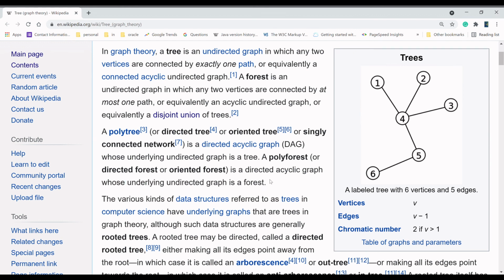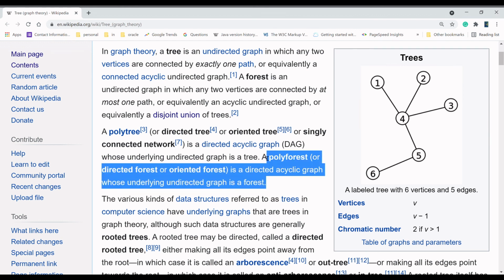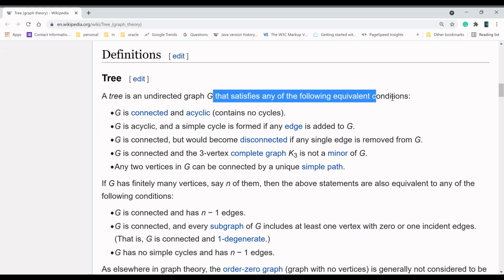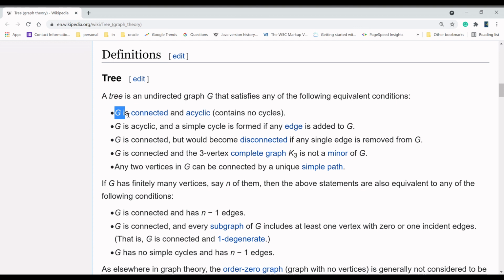So we have to understand the very basics. A tree is an undirected graph, denoted by the symbol G, that satisfies any of the following conditions. A graph G is connected and acyclic, that is, it contains no cycles.